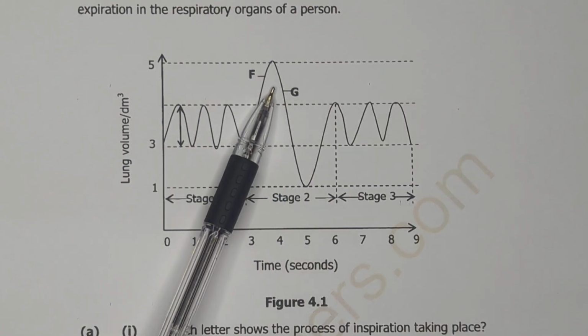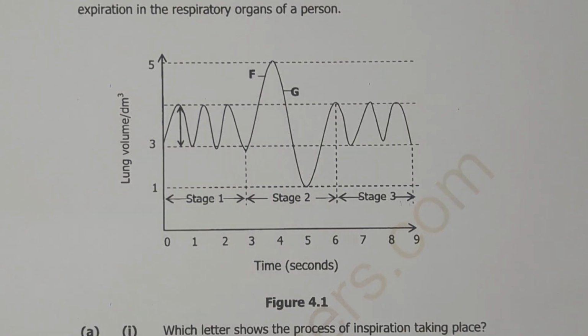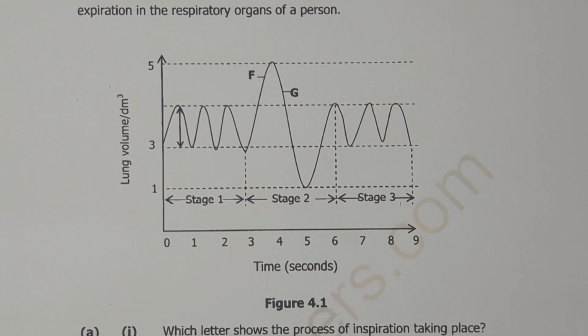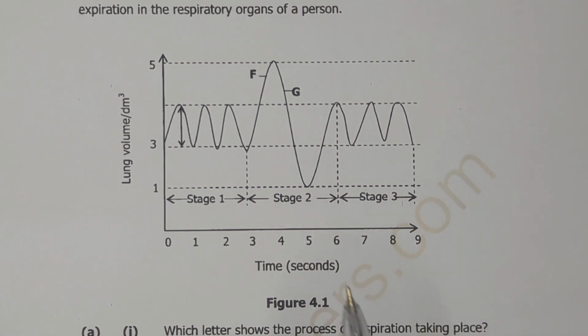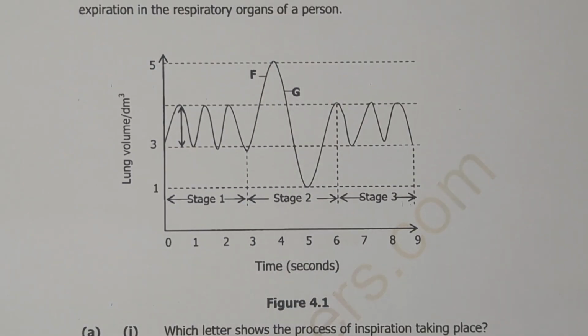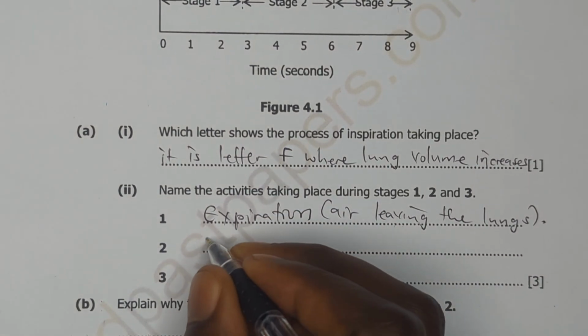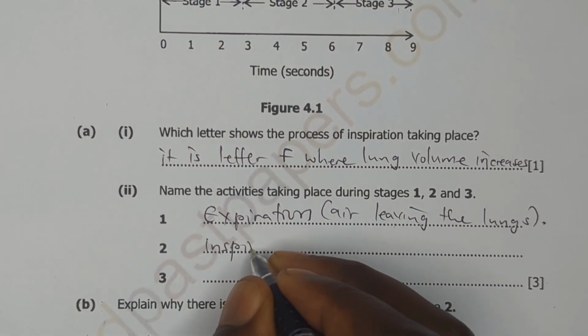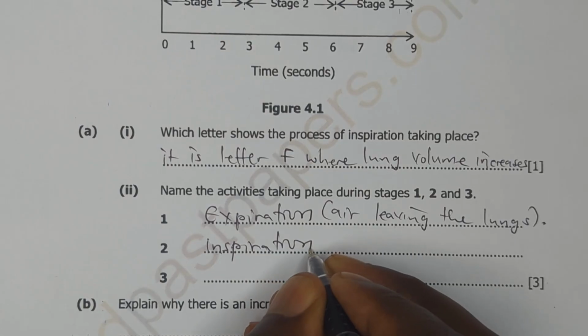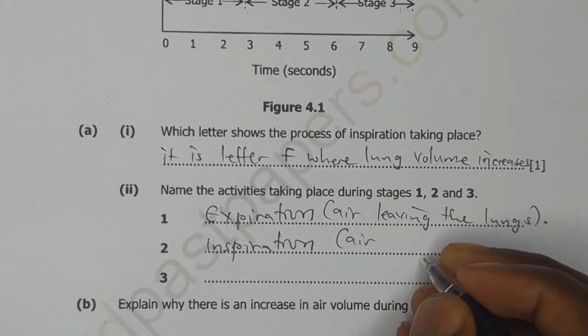So this part of the curve represents relaxation or pause before expiration. So it reflects the end of inspiration. So stage 2, that is inspiration. Air enters the lungs.